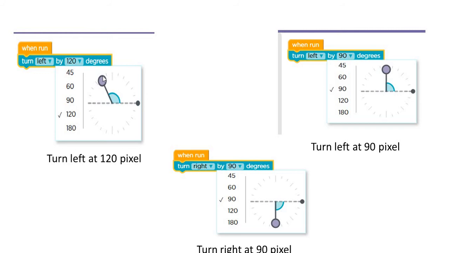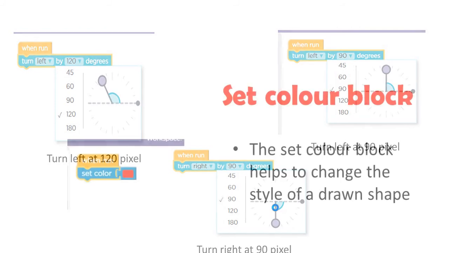But if you are drawing something like a triangle, you are turning left at 120 degrees, which is going sideways, slants, like a triangle. If you are going down, you are turning right at 90 degrees, you see, it's going down. So it makes it easier for us to draw shape using loop.